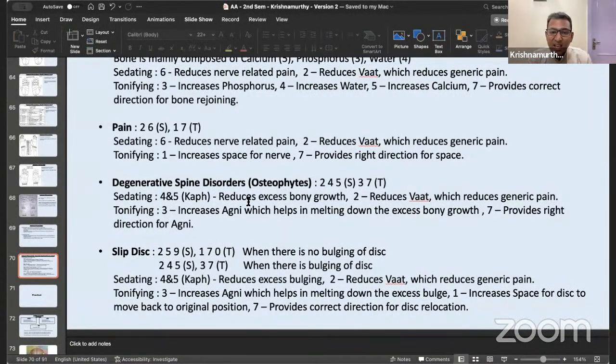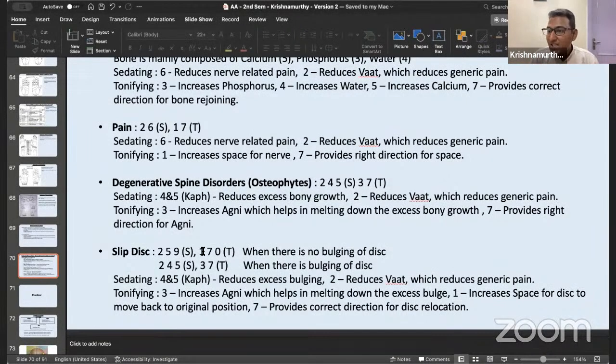So that is why I am tonifying number 1, so that it increases the space and the disc goes to the original position. And it should move in the right direction, not in the opposite direction. So I am tonifying 7, so it goes and sits in the right direction.